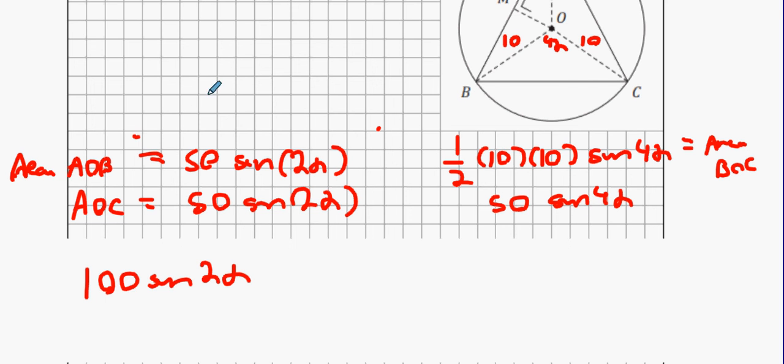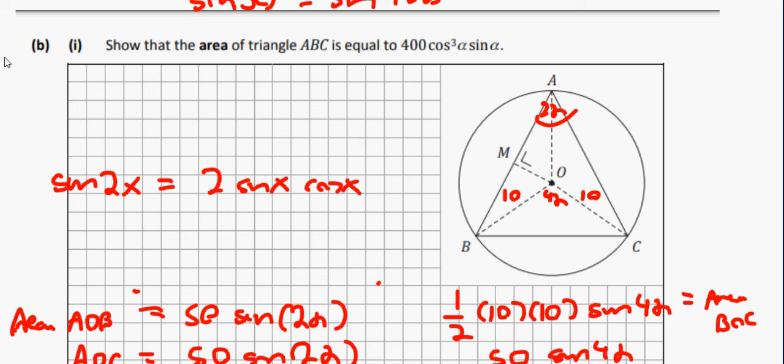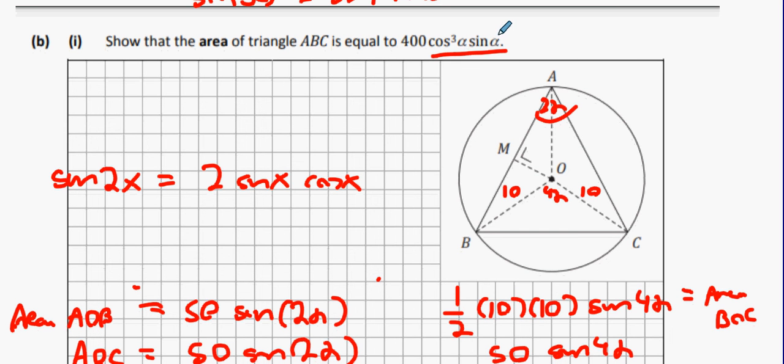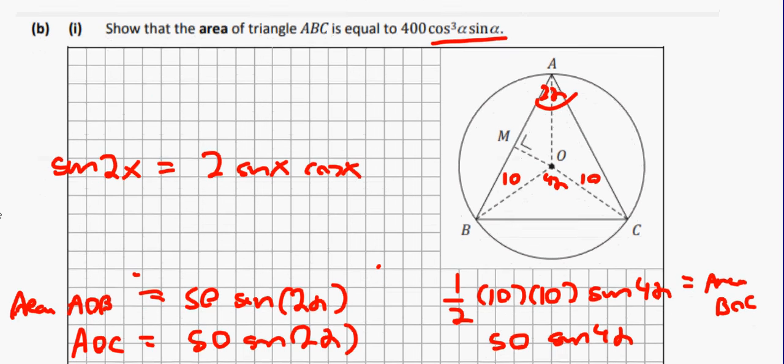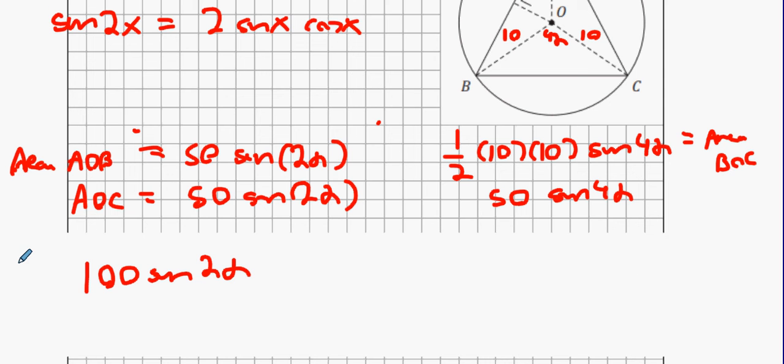Now what we learned earlier was that sine 2x equals 2 cos x sine x, or 2 sine x cos x. Okay, that's on page 13 of your tables. And when I'm looking at the answer, I'm seeing that it's all those single angles. There's no double or quadruple angles. Okay, so I'm going to change everything. So see the sine 4 alpha, I'm going to change that into 50 sine 2 alpha cos 2 alpha. Alright.